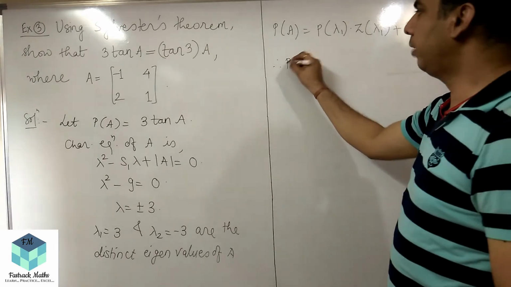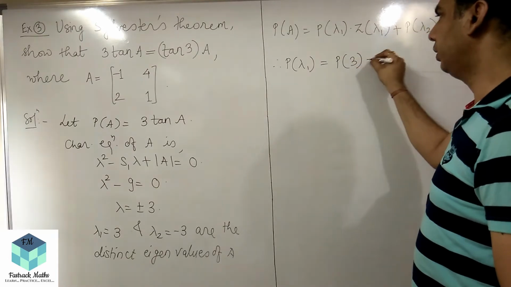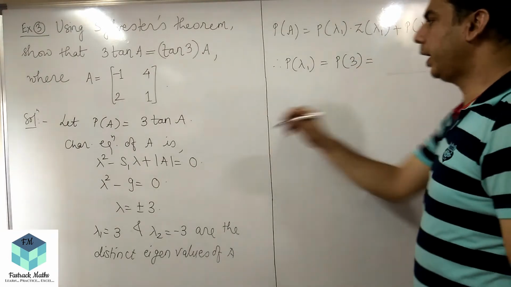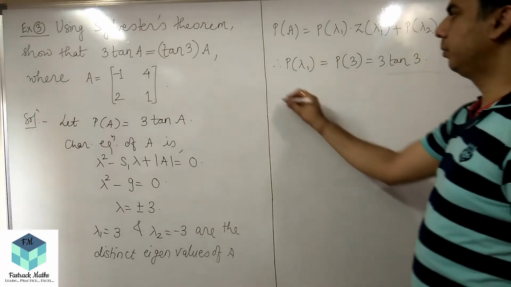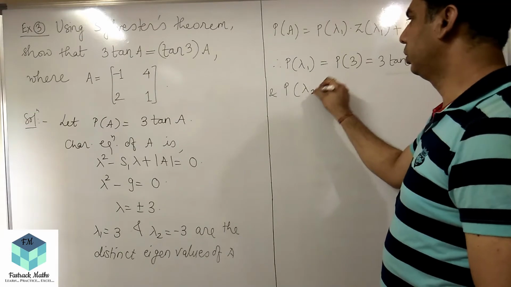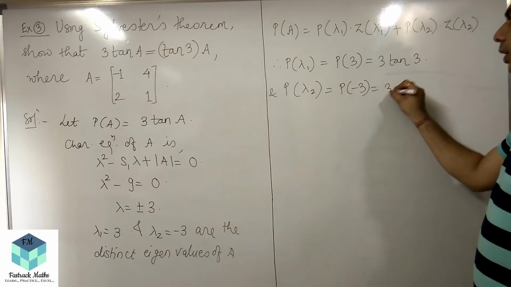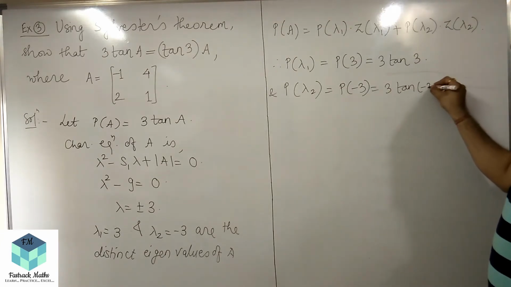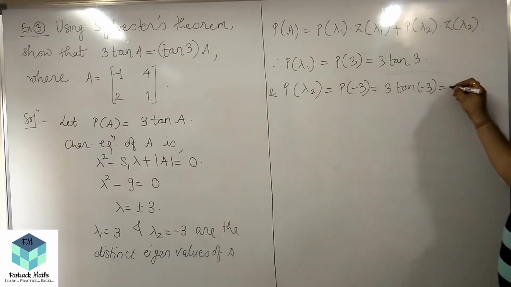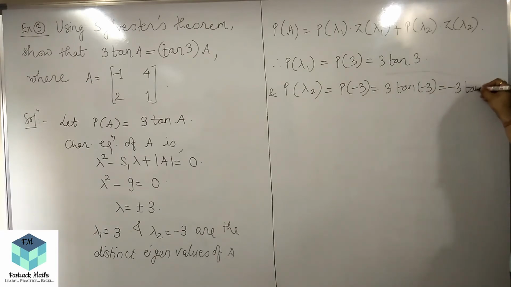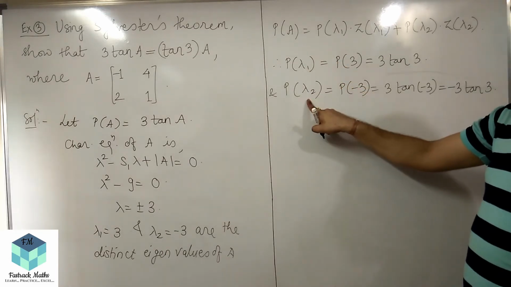P of lambda 1 is P of 3, which is 3 times tan 3, and P of lambda 2 is P of -3, which is 3 times tan of -3. Since tan of minus theta is minus tan theta, it is equal to -3 tan 3.